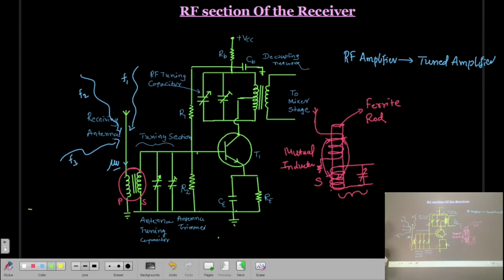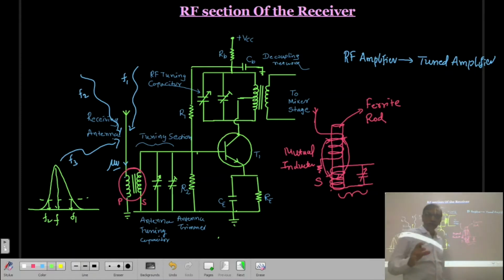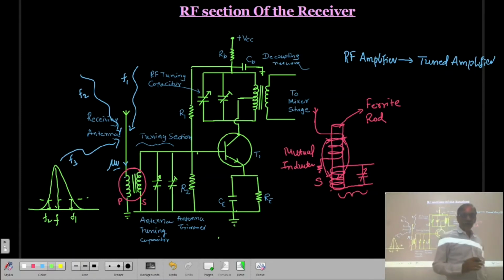Then, this resonance circuit will produce a maximum voltage for that particular frequency f, and for the rest of the frequencies, you can say f1, f2, the amplitudes are very small, so these frequencies are rejected by the tuning section.